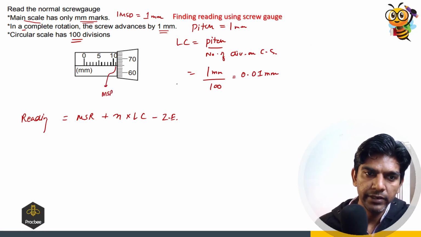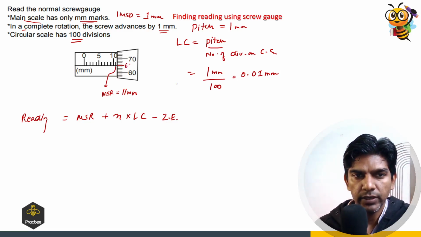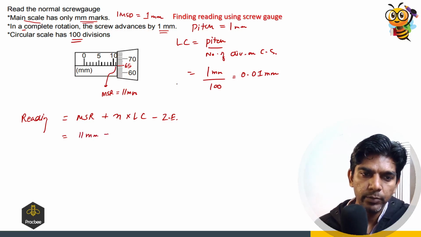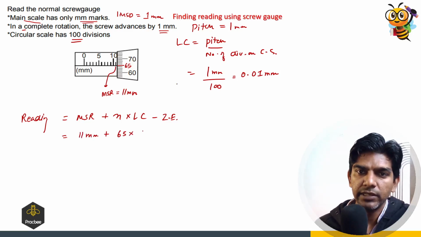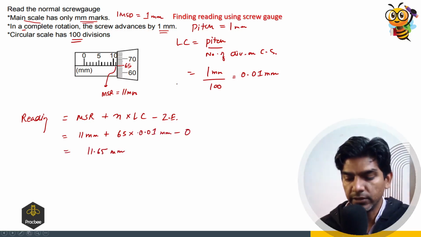This is the main scale reading, which is nothing but 11 millimeter. Now what is n? This mark on the circular scale is coinciding with the reference line, and it is 65. So let us put the values, and zero error is nil. So it will be 11 millimeter plus 65 times the least count, which is 0.01 millimeter, minus 0. So it comes out to be 11.65 millimeter. So that is the reading.